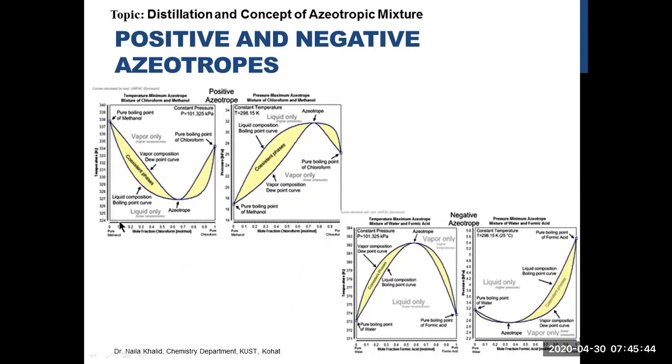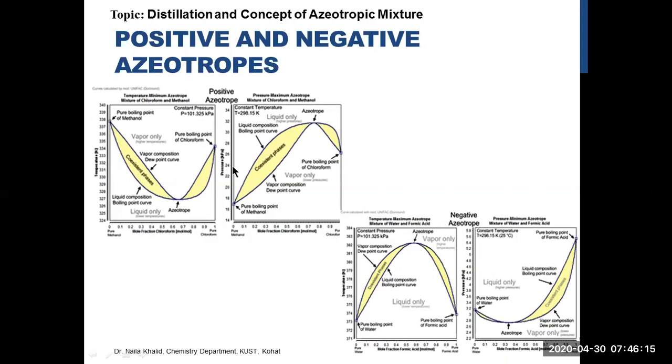As the mixture composition is changing, you can see that the boiling point of the methanol is decreasing. And at this fixed composition, the boiling point of the mixture is a single one. However, the chloroform has its own boiling point. So this is a positive azeotrope in which the boiling point of the azeotrope is lower than the boiling points of the components.